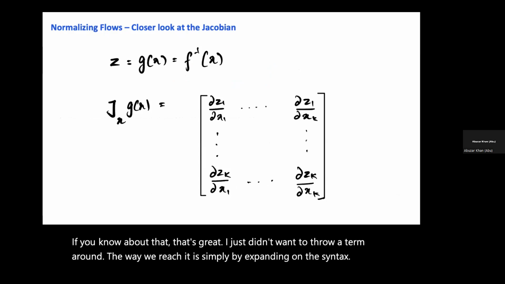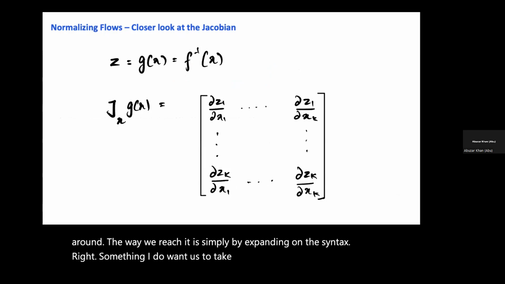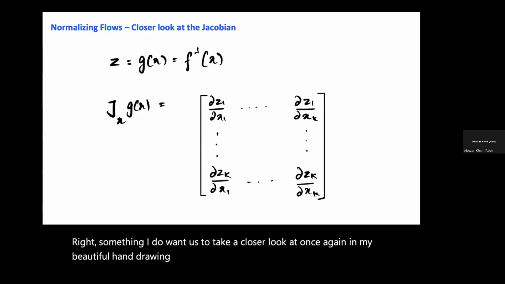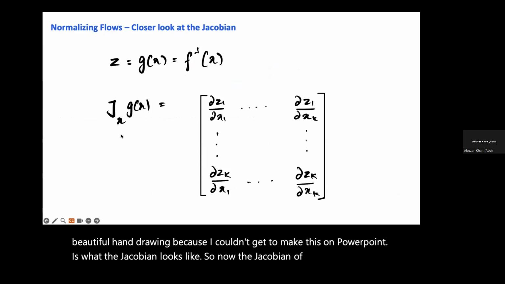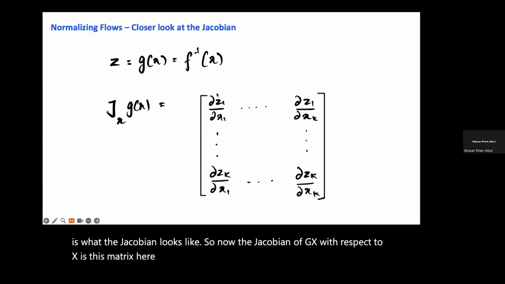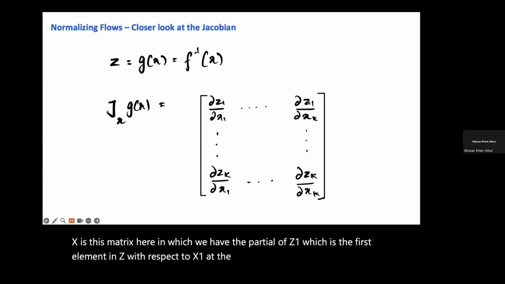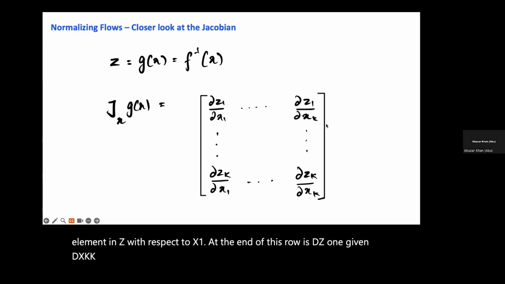Something I do want us to take a closer look at, once again in my beautiful hand drawing, because I couldn't get it to work on PowerPoint, is what the Jacobian looks like. The Jacobian of G of X with respect to X is this matrix here, in which we have the partial of Z1, the first element in Z, with respect to X1. At the end of this row is dZ1 over dXk, k being the dimensionality.